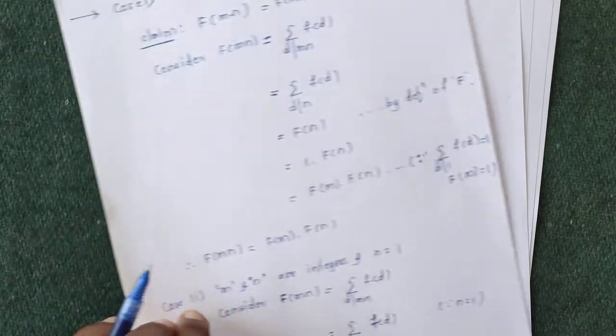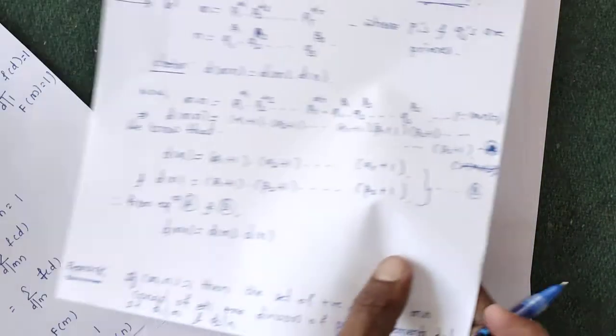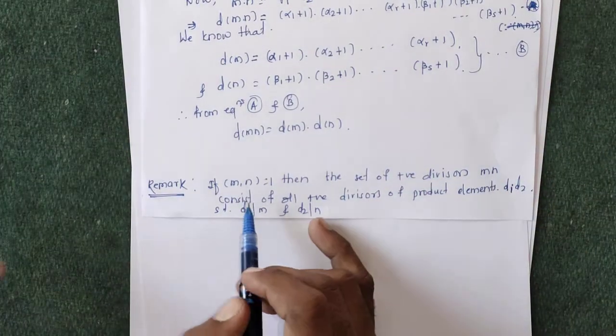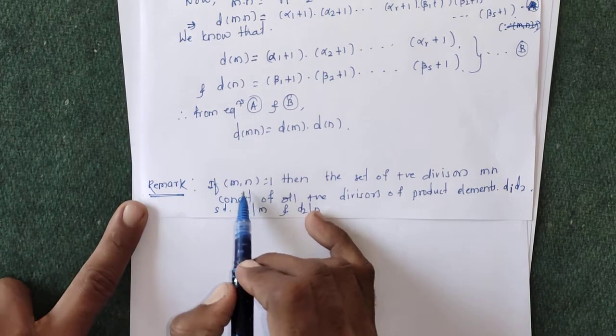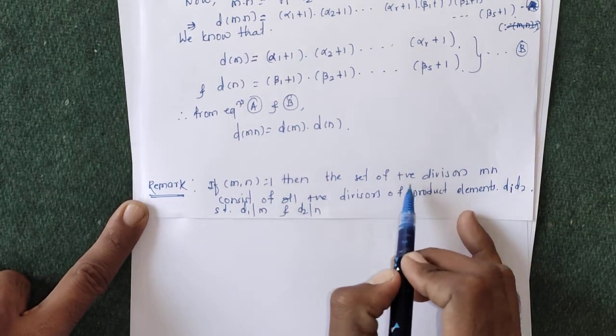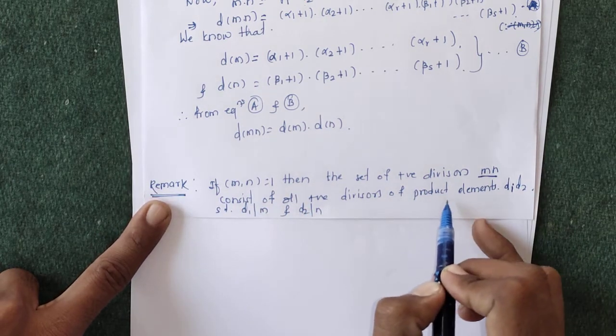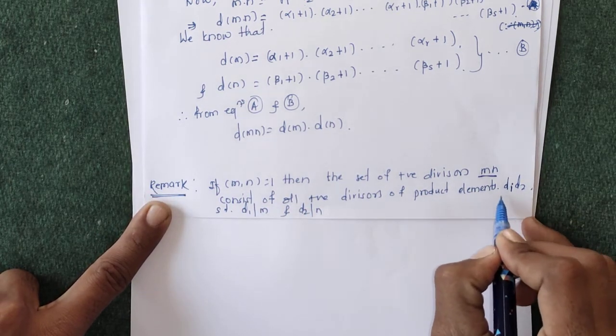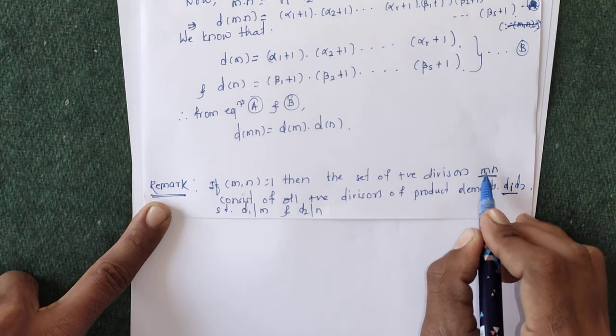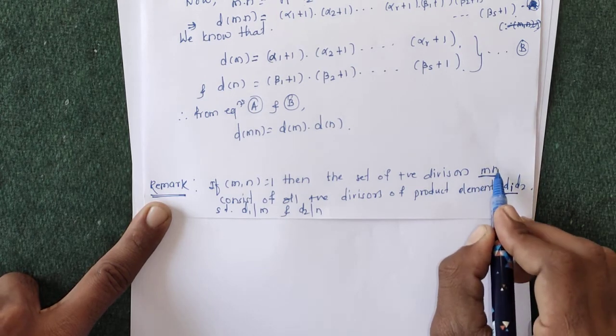So just a second, from this remark: if GCD of m and n is equal to 1, then the set of positive divisors of mn consists of all products d1 into d2, where d1 is a divisor of m and d2 is a divisor of n.